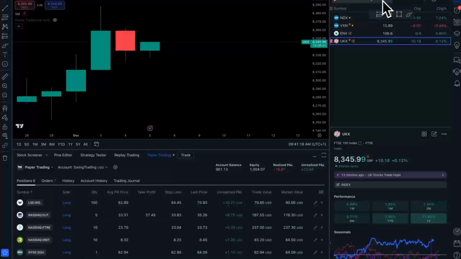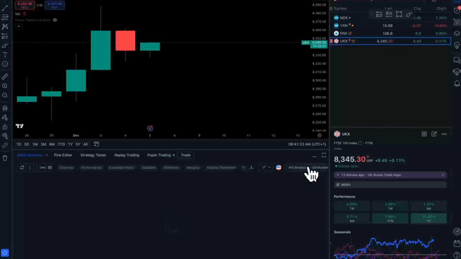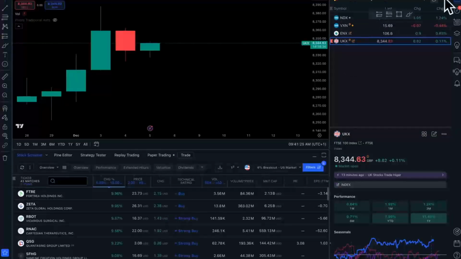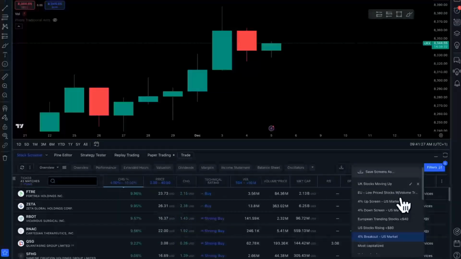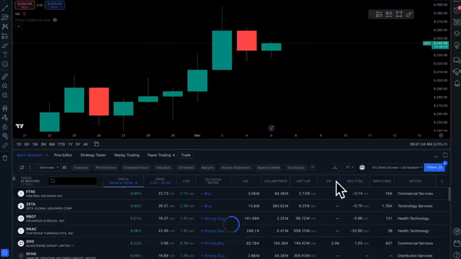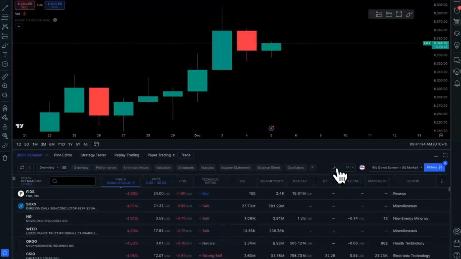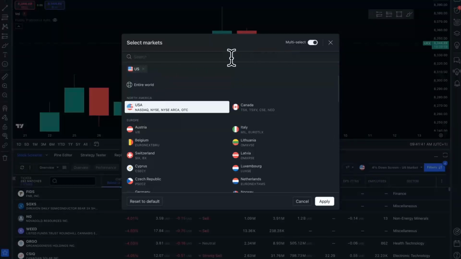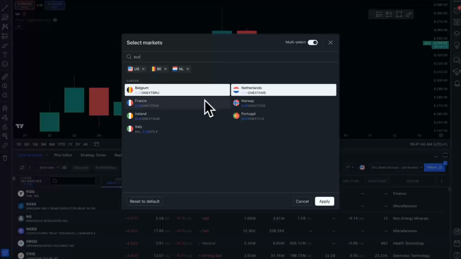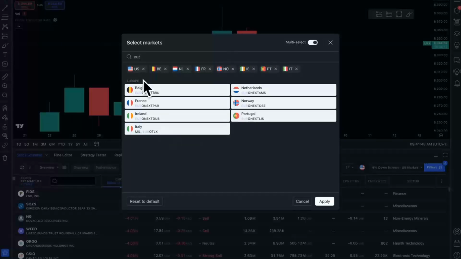To that extent, what we want to do generally speaking is head over to our stock screener and have a look at some of our saved fundamental stock searches. So if we have a look at the UK market, I'm going to look at the balance of stocks that are down versus stocks that are up. But what I want to do is change the market that we're looking at. We've got multi-select selected, and now if I search EUR, we'll have a look at the European markets, as you can see.